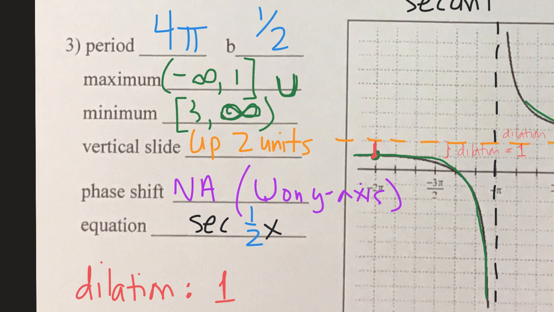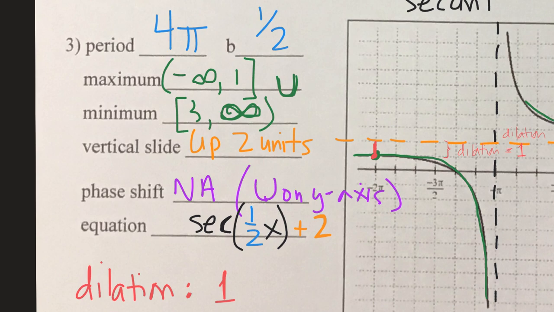And since we don't have a phase shift, you can put that whole thing in parentheses if you want to, but of course, not having parentheses is also acceptable. And then we have your vertical shift of up 2 units, in other words, plus 2. So you can have secant 1/2 x plus 2, or you could have the 1/2 x in parentheses.